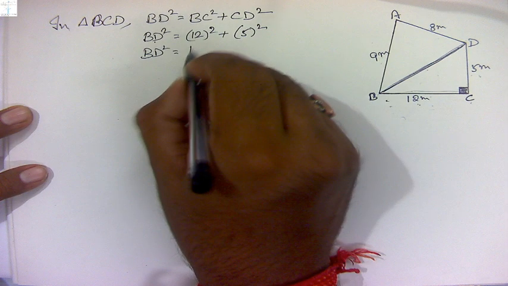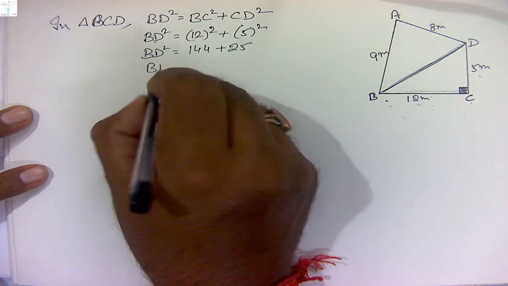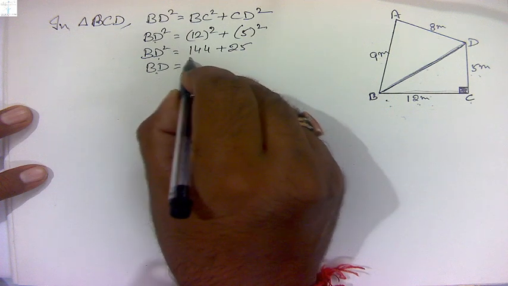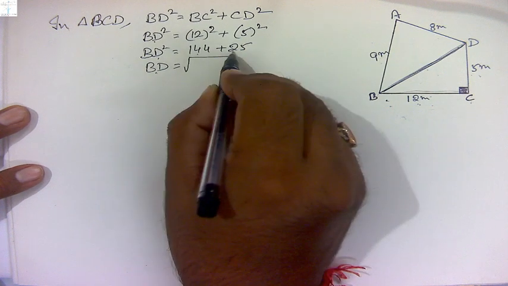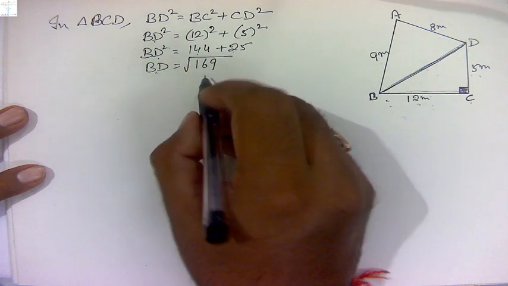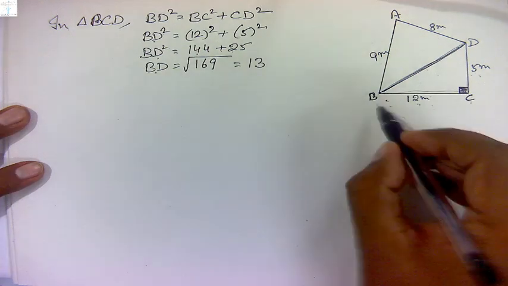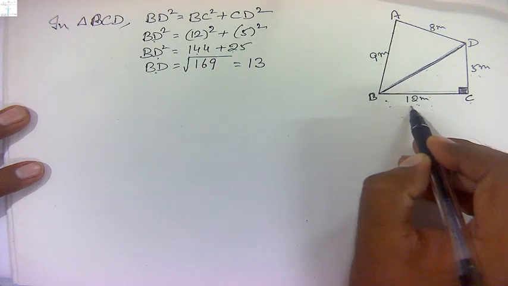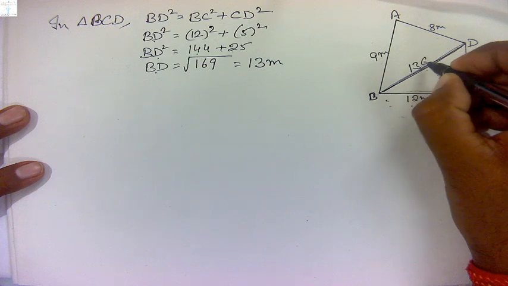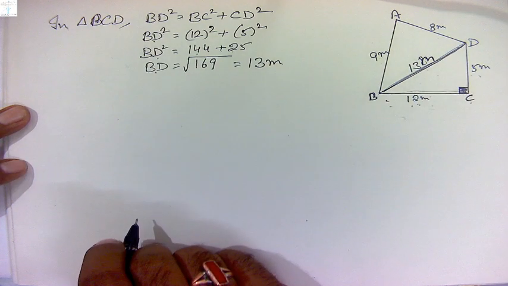So BD squared equals 144 plus 25, which is 169. So BD is the square root of 169, and we know that the square root of 169 is 13. All the measurements given are in meters. So BD is 13 meters.